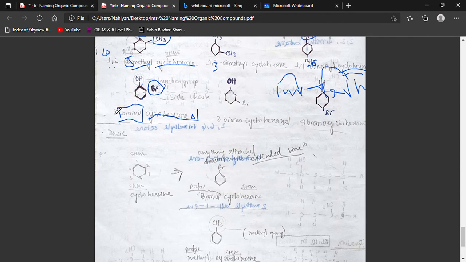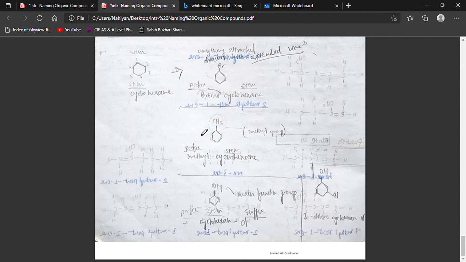You have the locant, then the other side chains, and then the main stem, the main parent chain. Similarly, if you have bromine in the first carbon, you can write 1-bromocyclohexane, and if you have an alkyl group, you can write 1-methylcyclohexane.